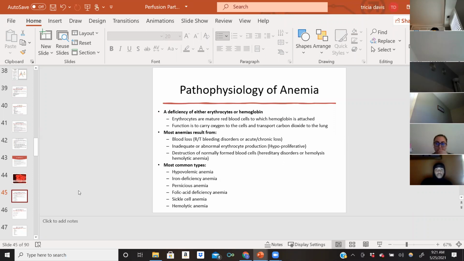We see these in certain hereditary disorders or in instances of hemolysis, hemolytic anemia. And we're going to talk more about these. So the most common types of anemia that we see are hypovolemic anemia, iron deficiency anemia, pernicious anemia, folic acid deficiency anemia, sickle cell anemia, and hemolytic anemia.